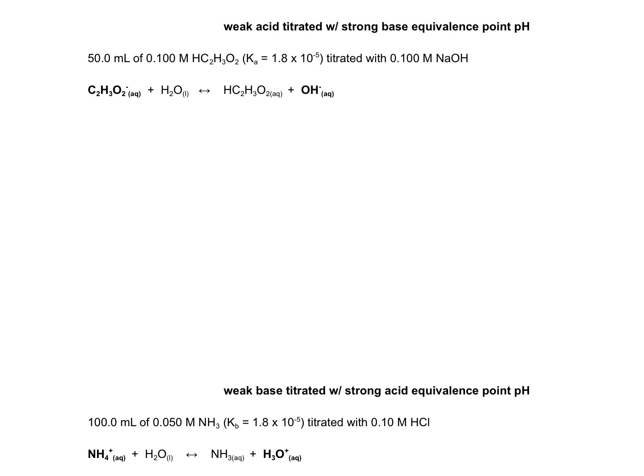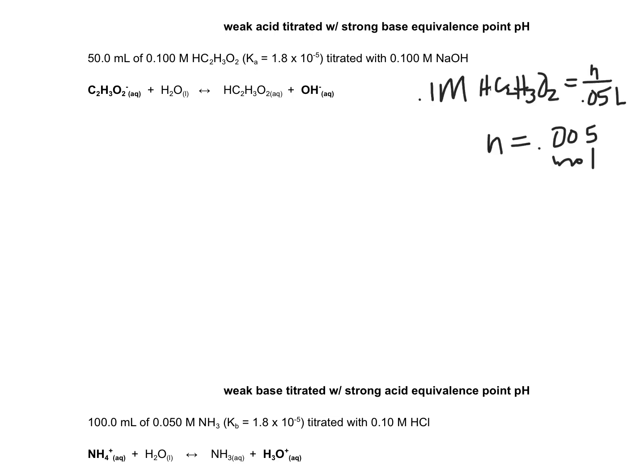So exactly how much acetate do we have to start with? We start with 50 milliliters of 0.1 molar acetic acid. So that is 0.005 moles of acetic acid. We would need that exact same amount of moles of sodium hydroxide to neutralize the 0.005 moles.